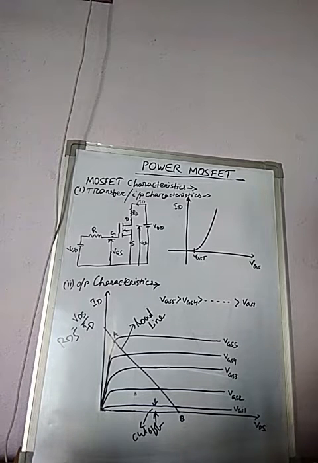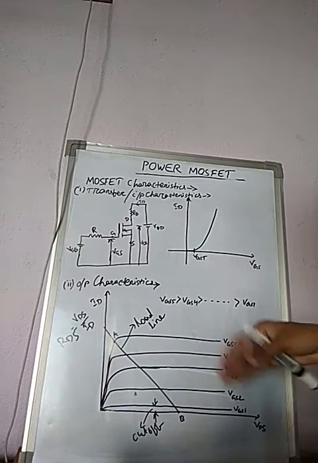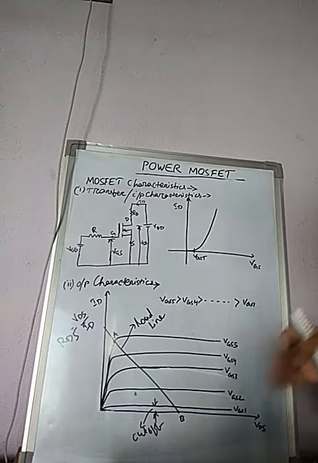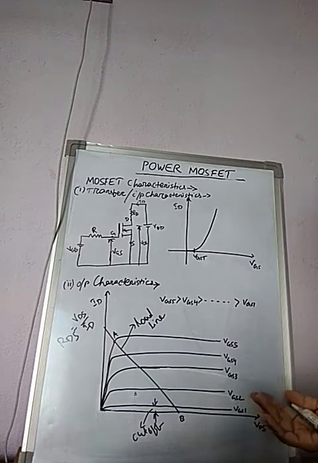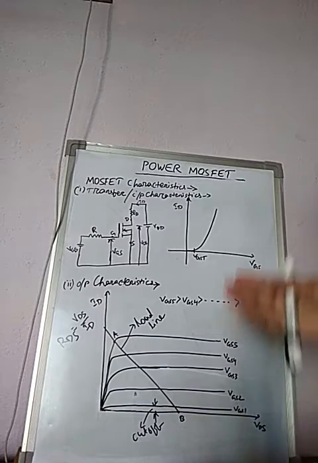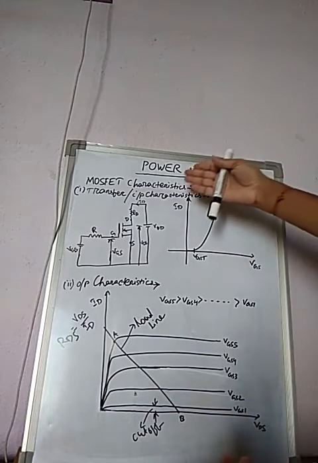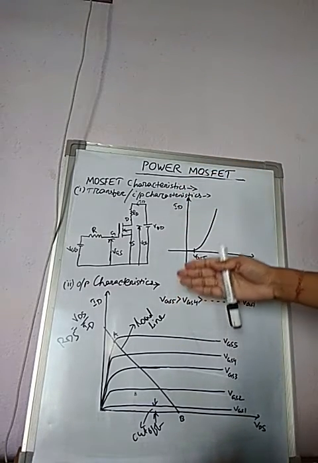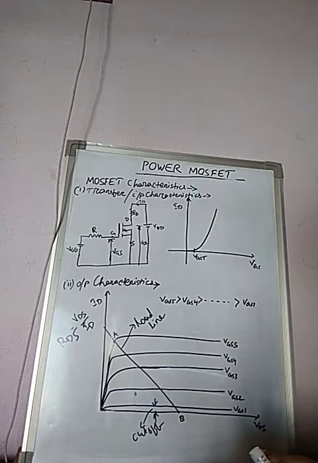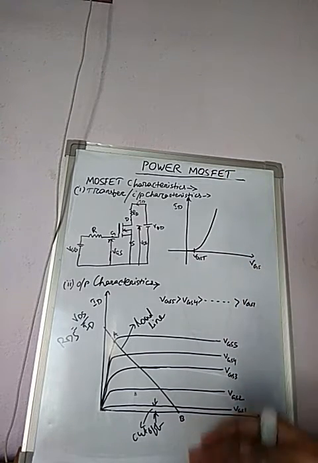In the next part we will discuss the switching characteristics. So why did we study all these characteristics? This input and output characteristics represent the static characteristics part. Okay, static means the steady state characteristics.